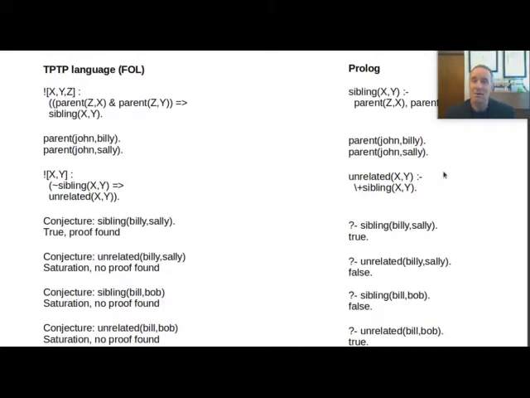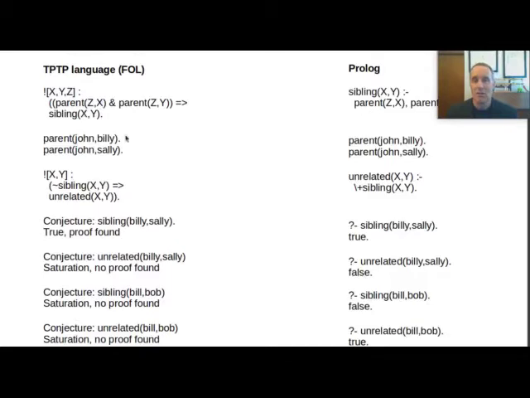So in Prolog, if we have, for example, X and Y are unrelated, we read this as: I can conclude that X and Y are unrelated if I know that X is not a sibling of Y. Whereas in TPTP, the arrow goes in a different direction. If I know that X is not a sibling of Y, then I can conclude that X and Y are unrelated.